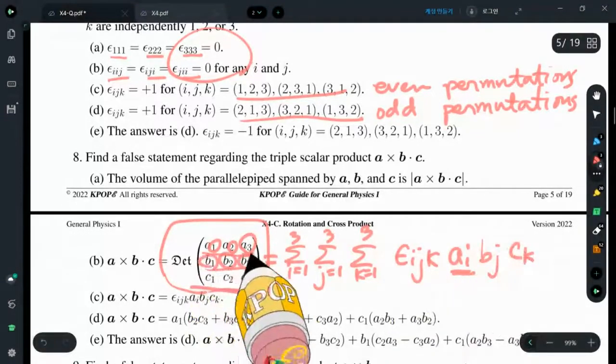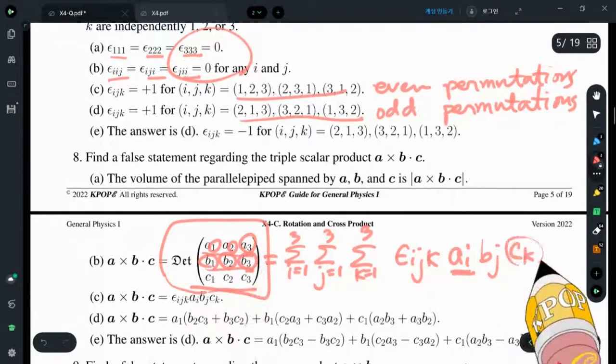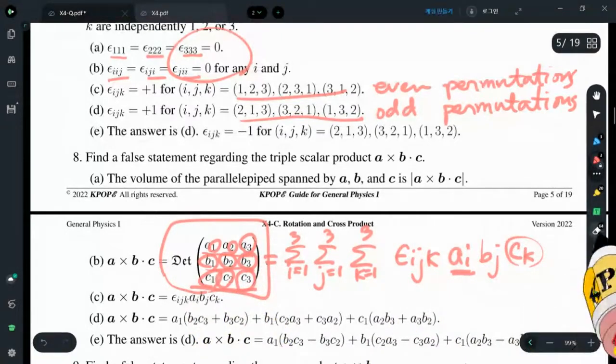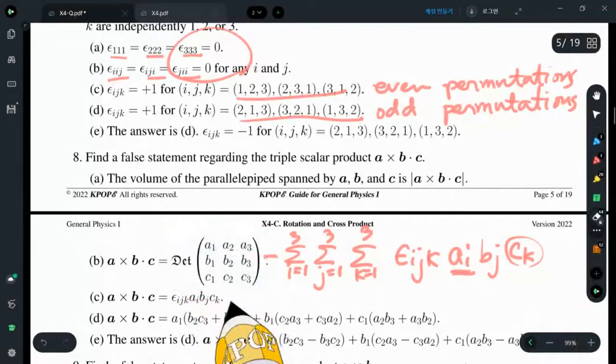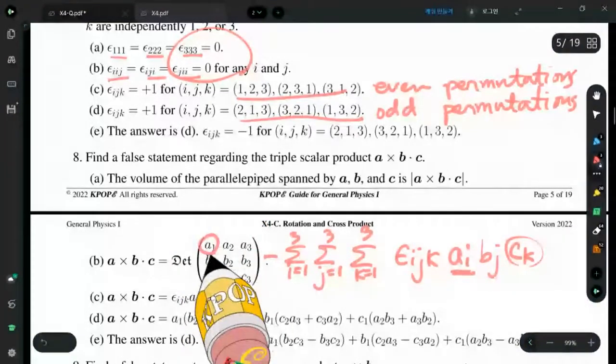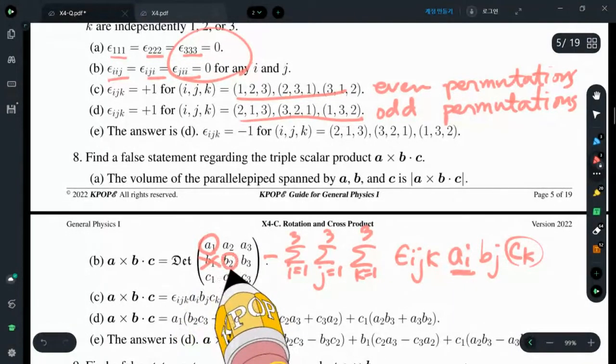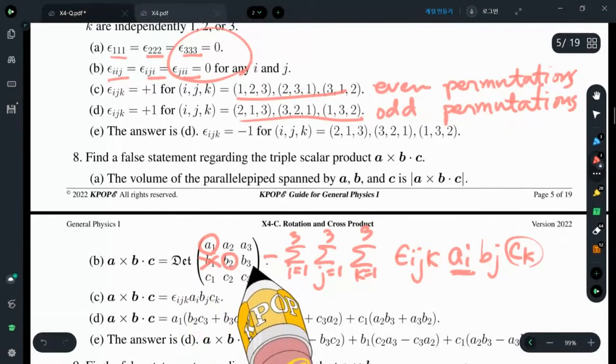Among B, you choose one of B1, B2, B3. You choose one of C1, C2, C3. However, if you choose this one, then among B, you cannot choose this one. Instead, you choose either this or that one.